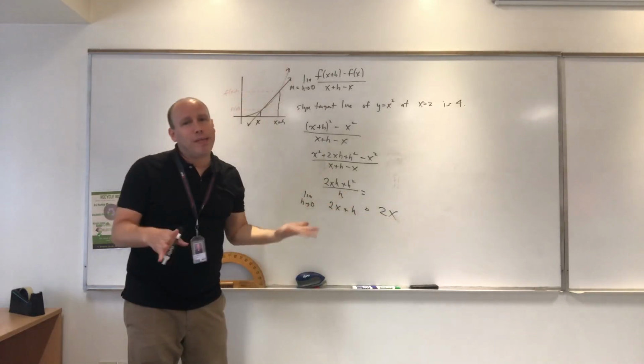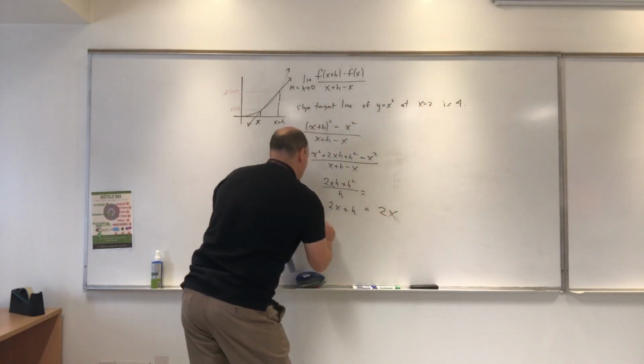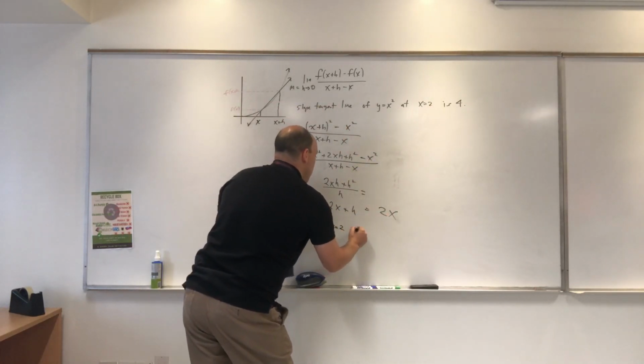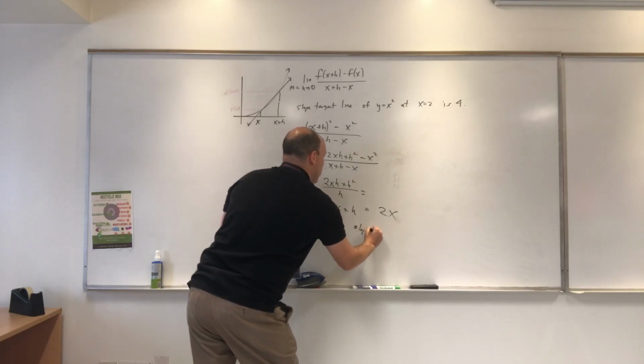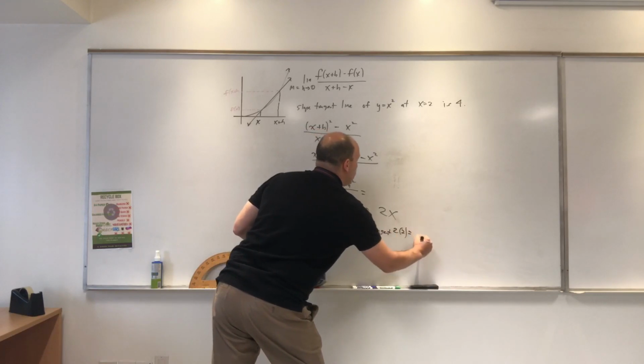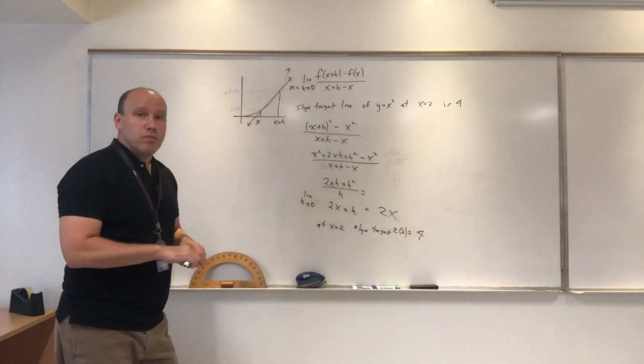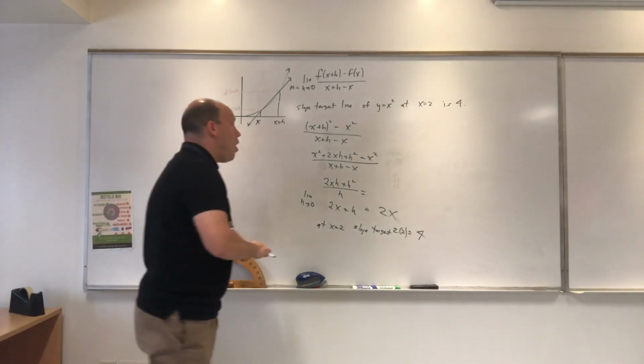But in the first problem we did, we looked at x equals 2. So at x equals 2, the slope of the tangent is 2 times 2 equals 4. That's where 4 comes from. And that's the idea.